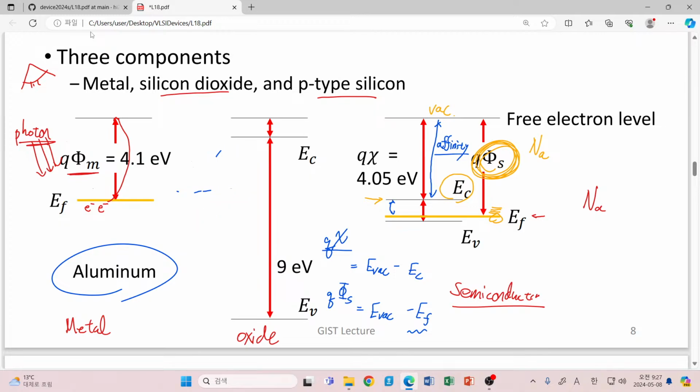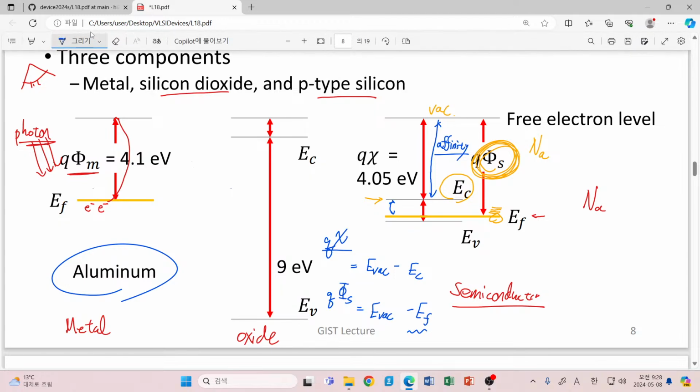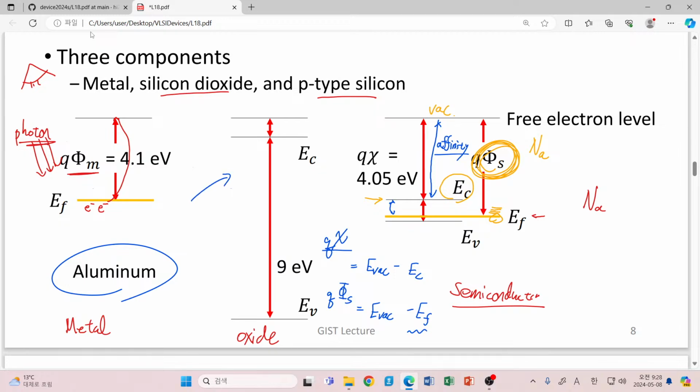And up to now, I have explained only the metal and p-type silicon. But in between, we have something called silicon dioxide. So please have a look at this silicon dioxide. Before starting our discussion about the band structure of silicon dioxide, regardless of that discussion, this material is an almost perfect insulator.